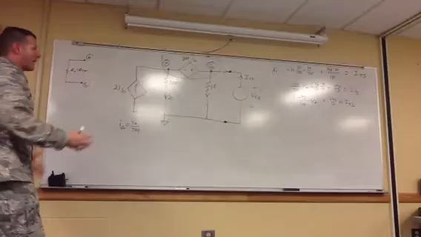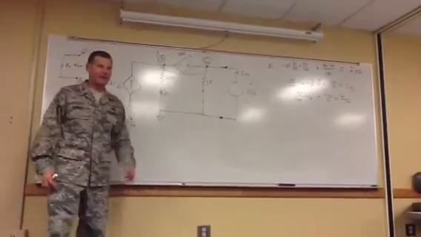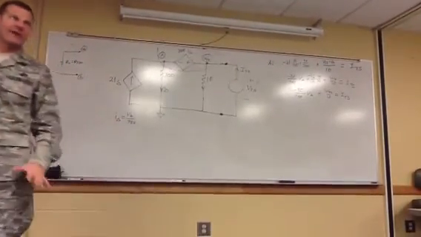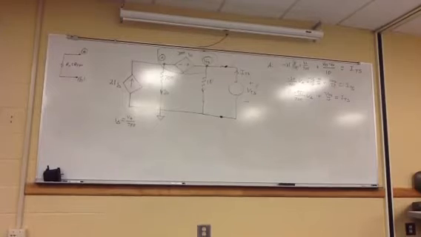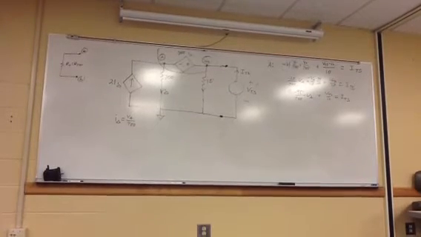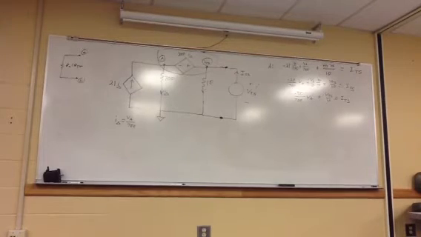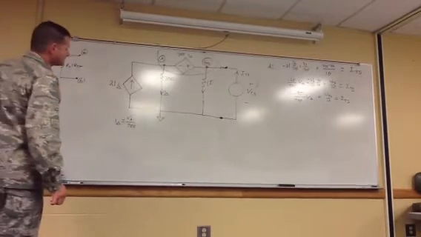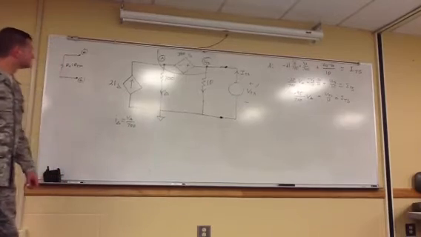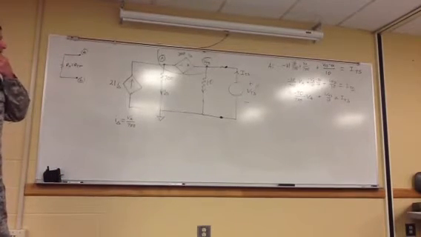All right, so now we've got our VA, we've got our VTS, we've got our ITS. We've got to get rid of our VA. So what are we going to do? Any ideas?